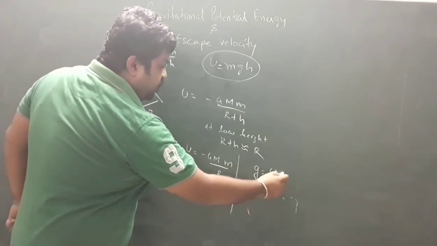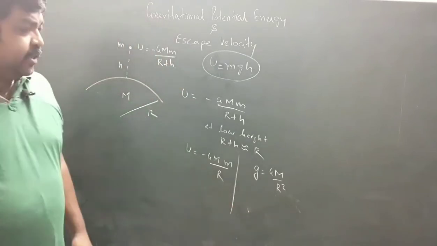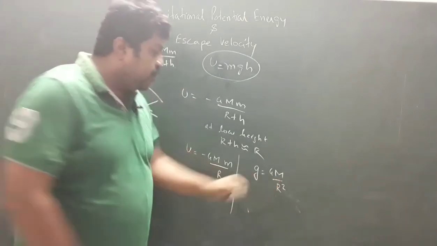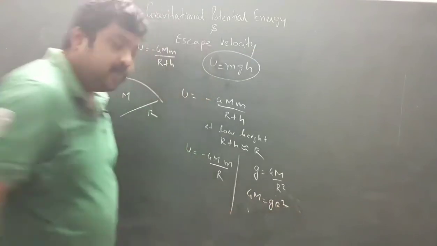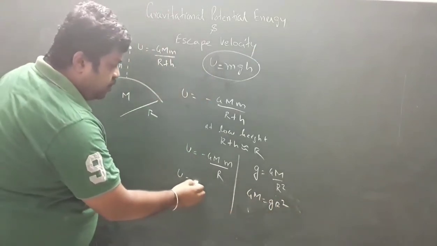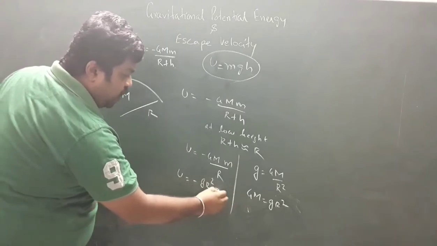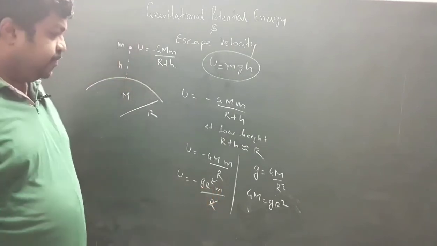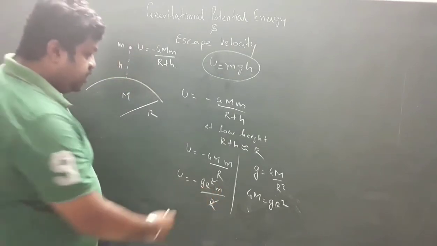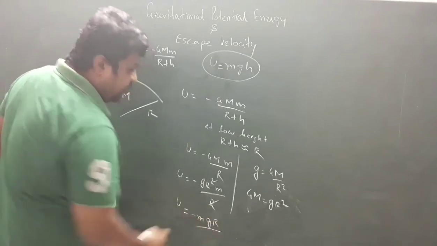Acceleration due to gravity is g equal to GM by R square. So that gives GM is equal to gR square, and U is equal to minus gR square into m divided by R. This R cancels out, so U is equal to minus mgR.